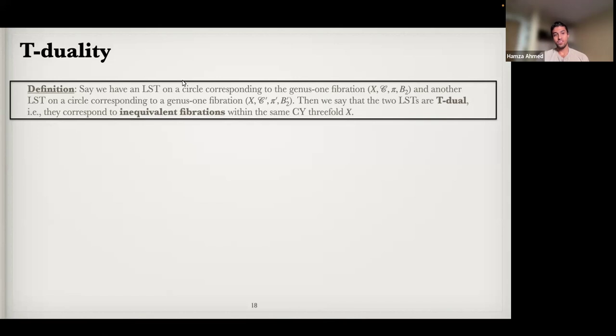And there's another little string theory on a circle which corresponds to a genus-one fibration of the same Calabi-Yau, but it's an inequivalent fibration within the same Calabi-Yau, given by this pi prime here. Then we say that the two LSTs are T-dual, and in particular, they correspond to inequivalent fibrations within the same Calabi-Yau threefold X. This is the definition of T-duality from a geometric point of view: inequivalent fibrations within the same Calabi-Yau.